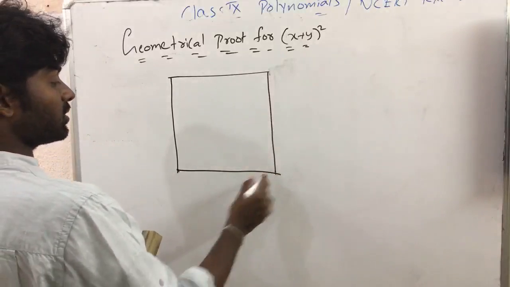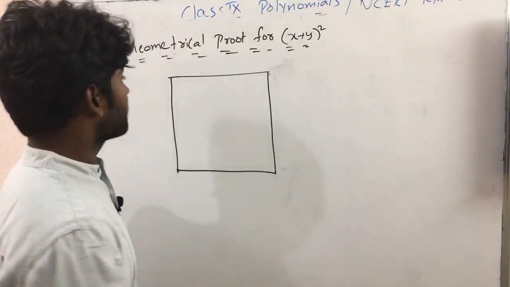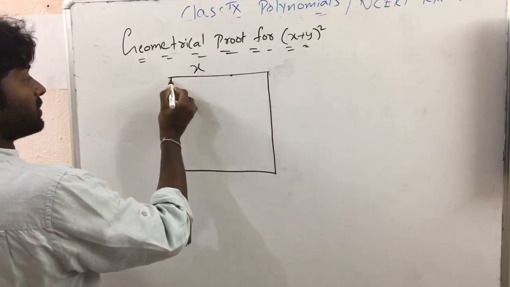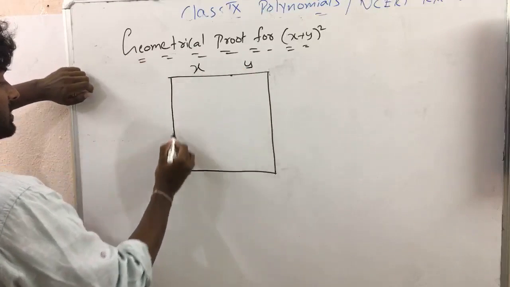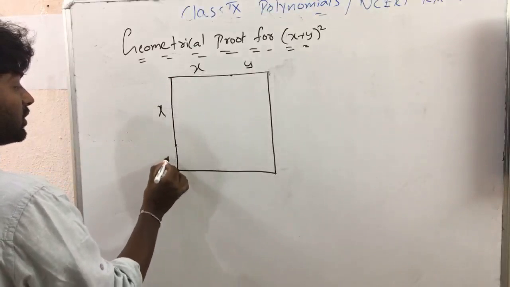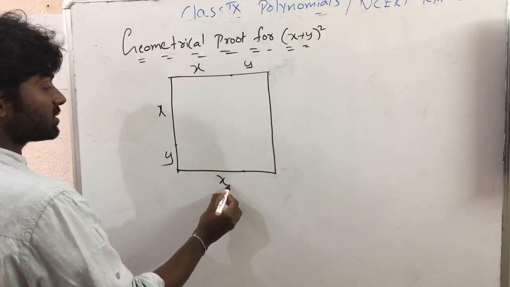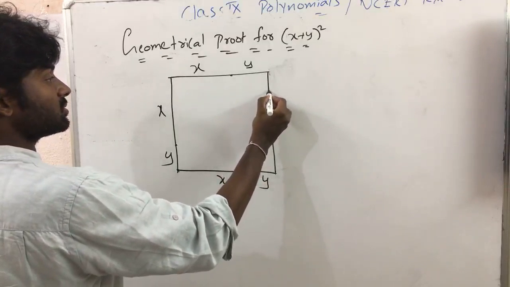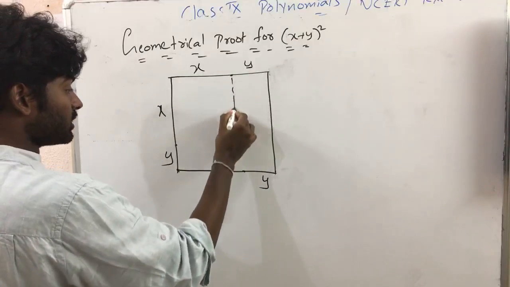Take it as x up to here, that means the length from here to here is x and this is y. Similarly here also, up to here it is x and from here to here y, and similarly on this side also x and y, and this side also. So join this.